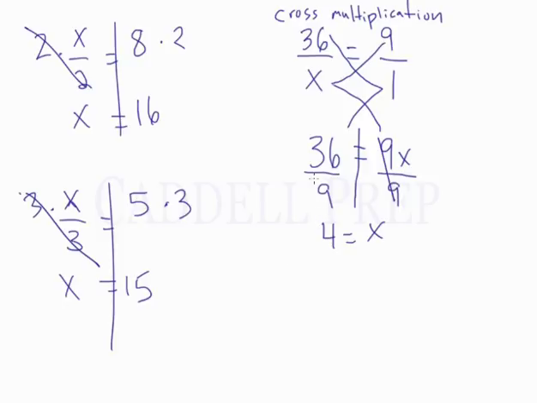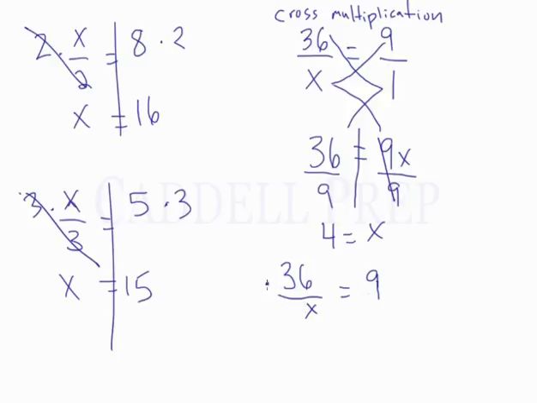Okay, we'll just go through this now without using cross multiplication. So if we had 36 over x equals 9. Right, this is a little different because now we're dividing by x. Even though we want to get x by itself, we don't want x to be in the denominator.